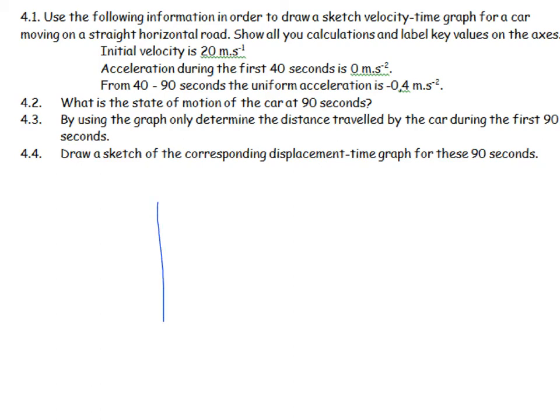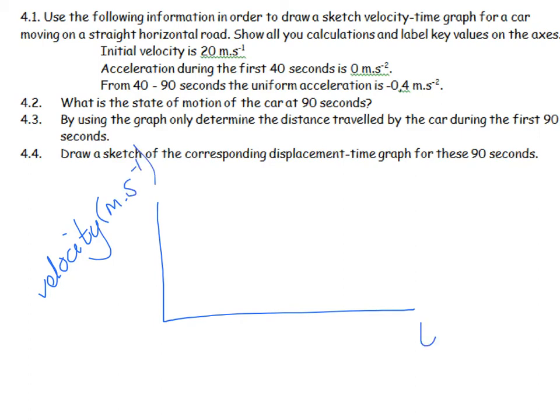They've told me quite clearly that this needs to be a velocity time graph, and velocity is measured in meters per second, and time is measured in seconds. So we start at 20, and we go for that for a whole 40 seconds, and it's a constant, there's no acceleration whatsoever.